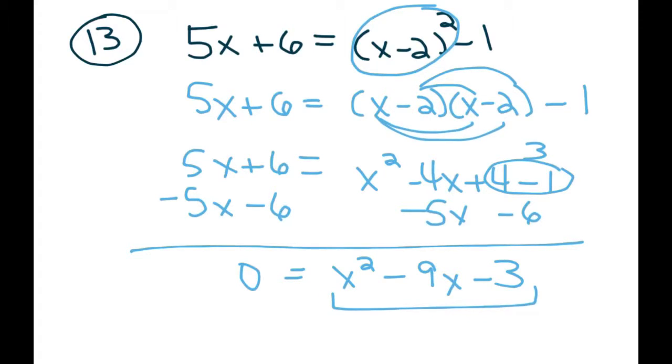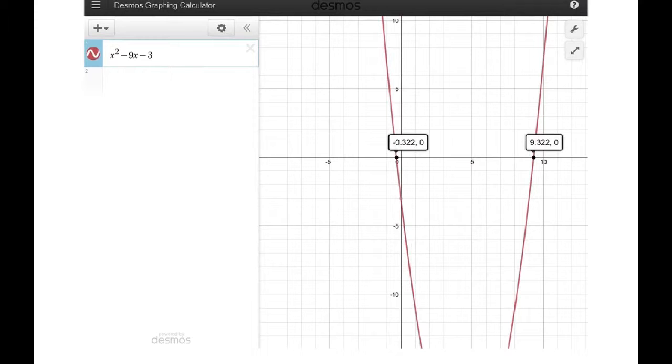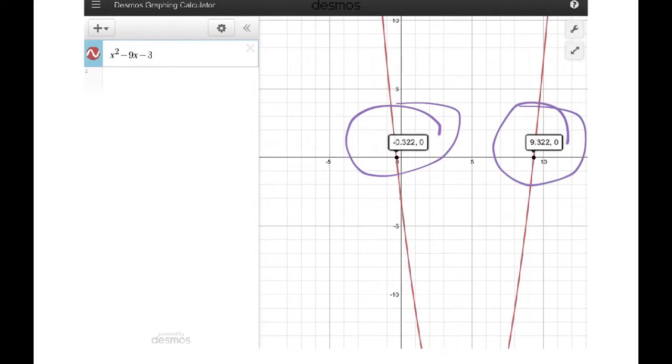So instead, you could graph this and find the x-intercepts. And now if you look at this picture, that's going to show up on your screen without having to change the window. And look, my x-intercepts are at negative 0.32 and 9.32.